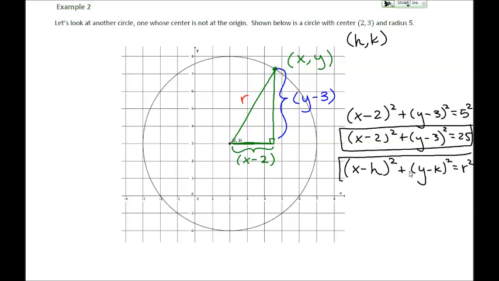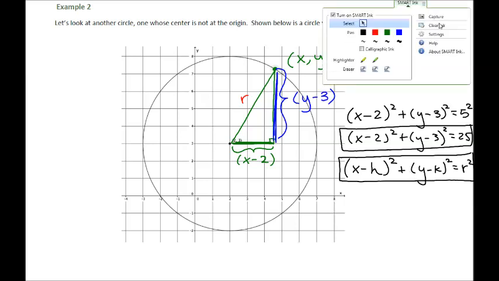That's the general equation of a circle. And it comes directly from the Pythagorean theorem, where x minus h is the horizontal length of our triangle, and y minus k is the vertical length of our triangle, and r is the hypotenuse of that triangle.